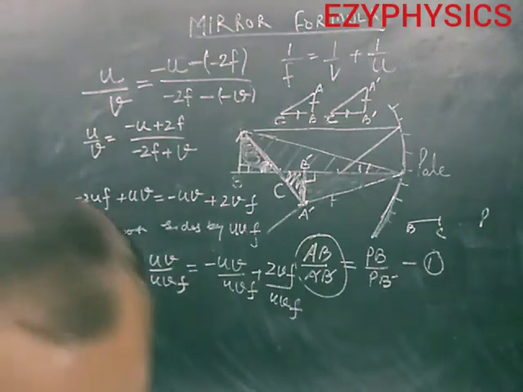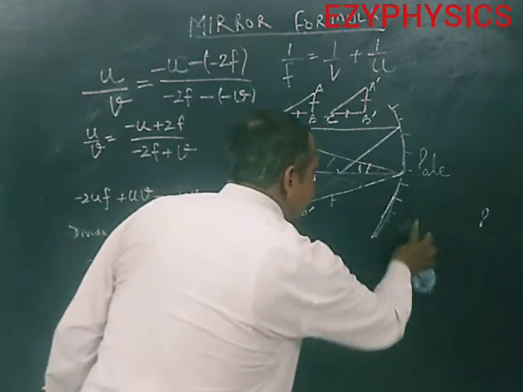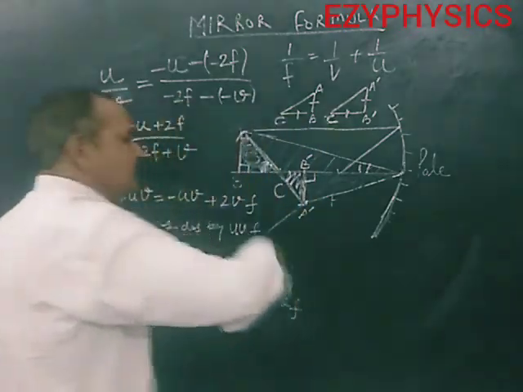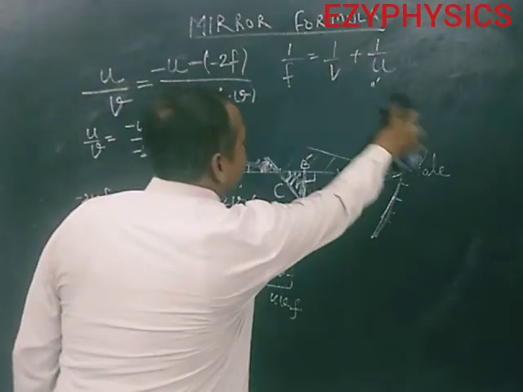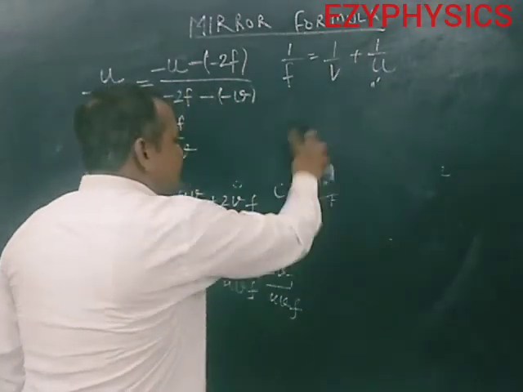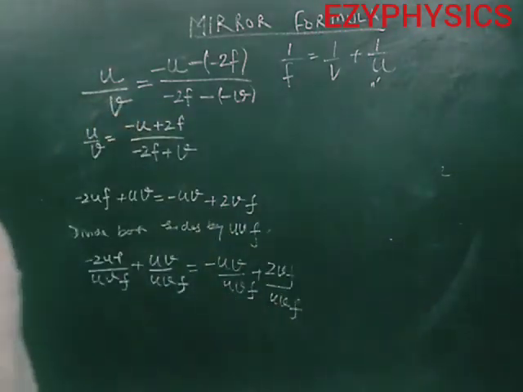I have done nothing but simply divided both the sides by uvf. I think I don't need the diagram now, so I can remove this to get more space. शाबाश. यहाँ तक कोई डाउट बेटा जी?